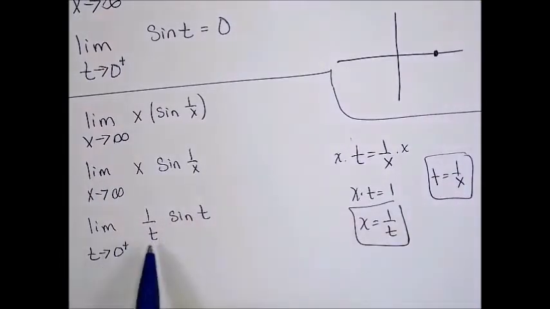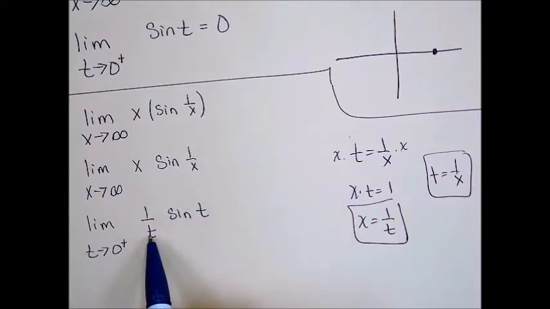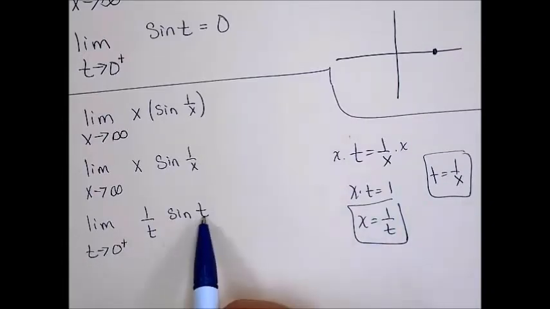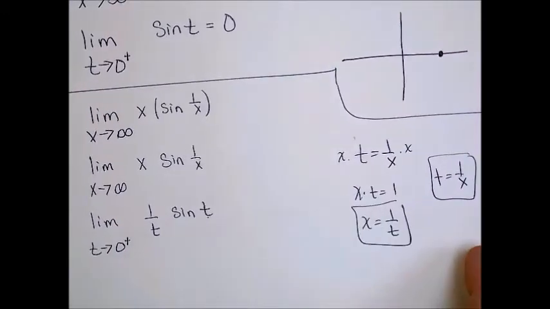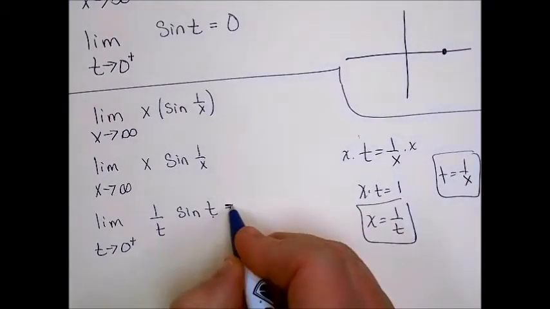Now, what is 1 over t? One over 0 from the right is going to be a positive value, very, very large. And the sine of t is going to be the sine of something very close to 0. So this has a limit of 1.